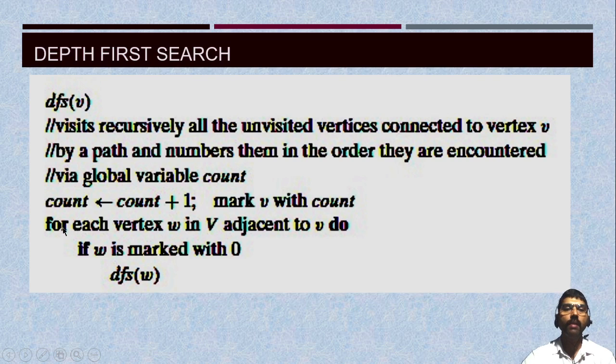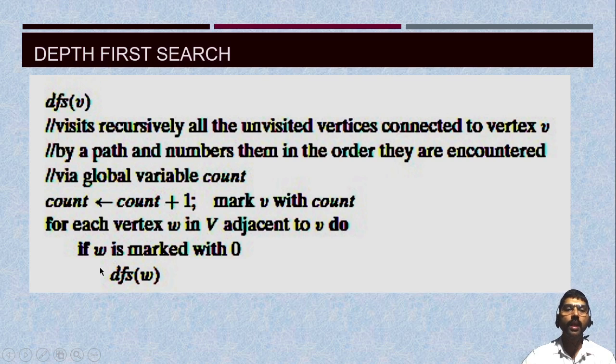Then I will identify all the adjacent nodes of v. I will pick any one adjacent node, and that is indicated by w. First I will pick all the adjacent nodes, then I will pick one adjacent node called w, which is adjacent to v.